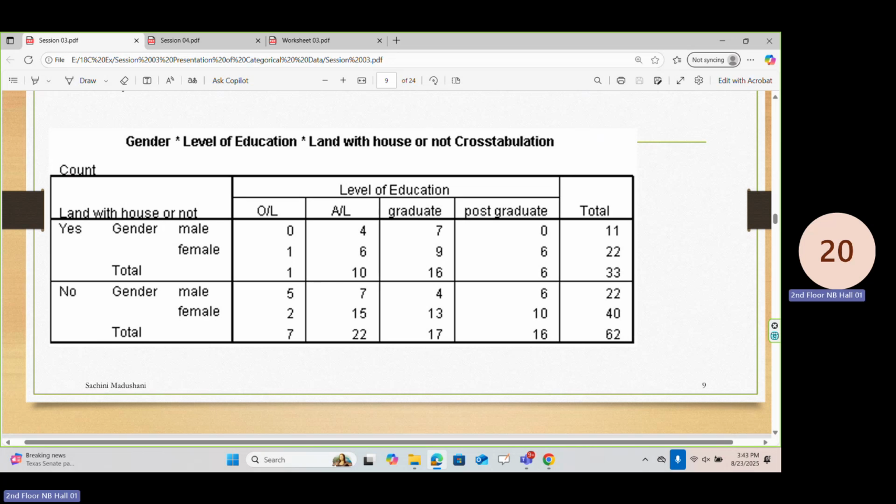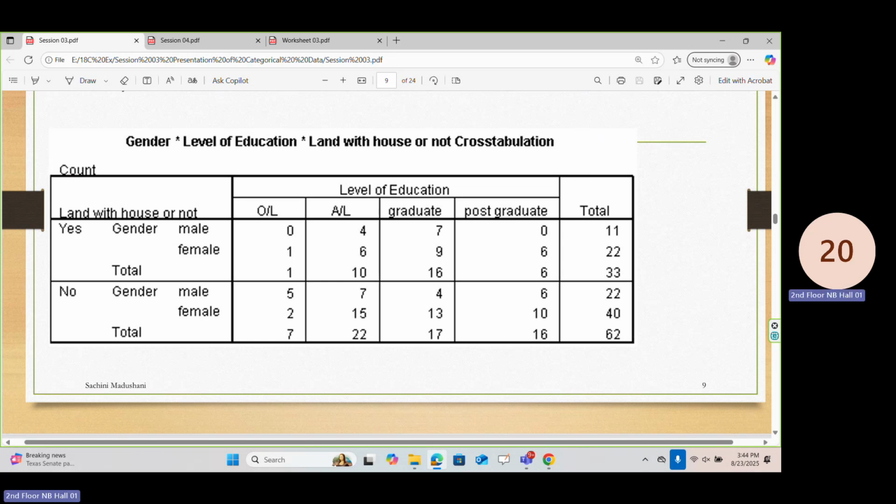Here, to interpret this point, we need to consider all three categories. Then we take number 9. For number 9, we can say there are 9 female graduates who have land with a house. Okay.